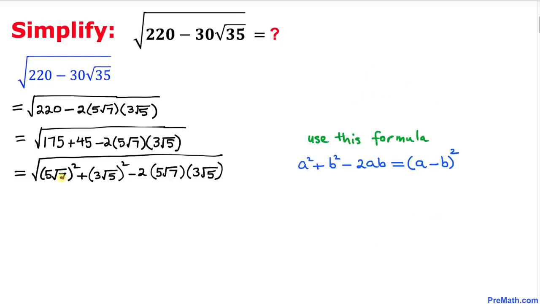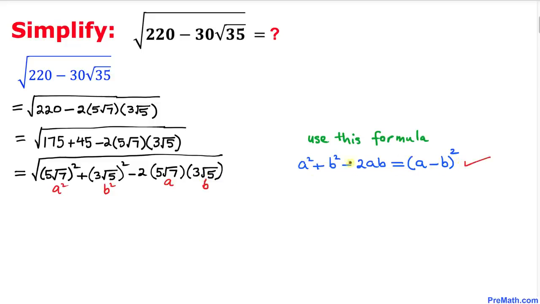And now we can see that this represents a perfect square. If I call this one a square and this one b square, minus 2 times this, I call it a and this b, then we can use this well-known formula.